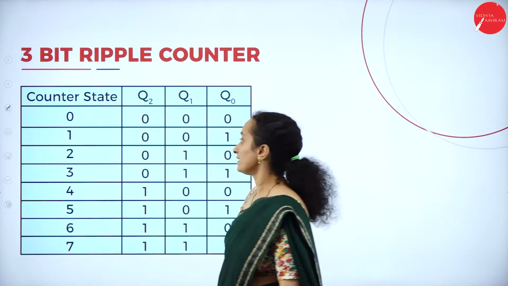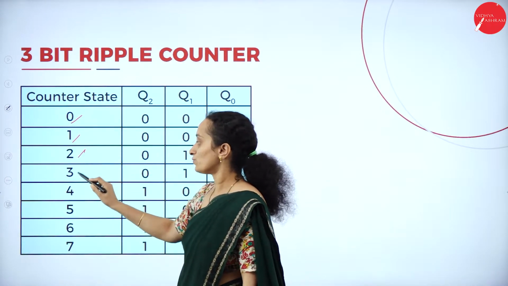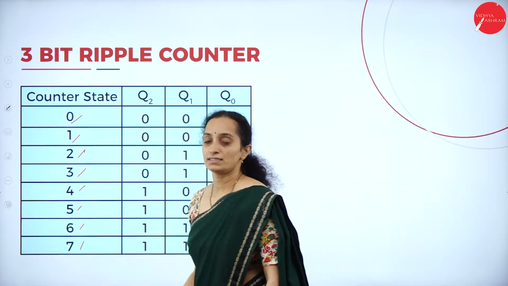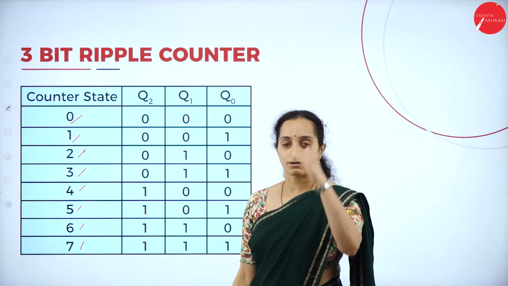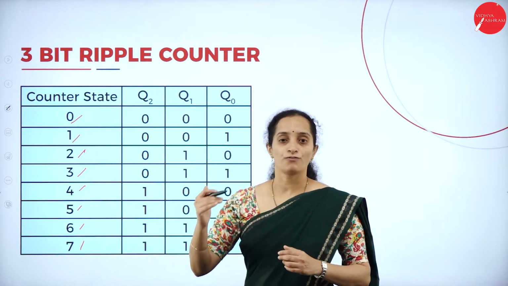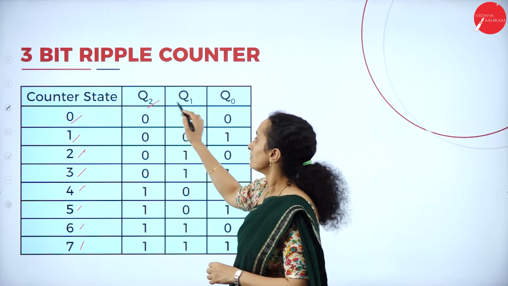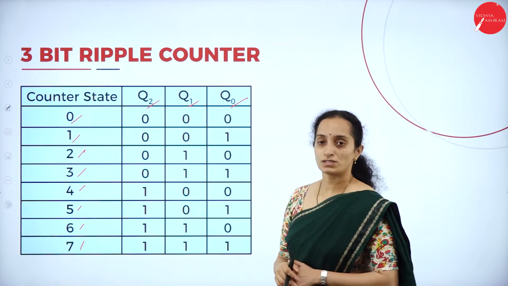The counter states will be like this. You have 0, 1, 2, 3, 4, 5, 6 and 7. Through these 8 states there will be high and low of the electric pulse in the counter. Here we have the outputs Q2, Q1 and Q0.